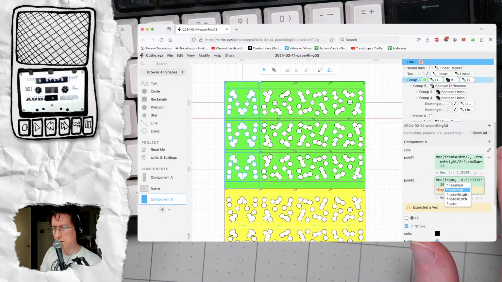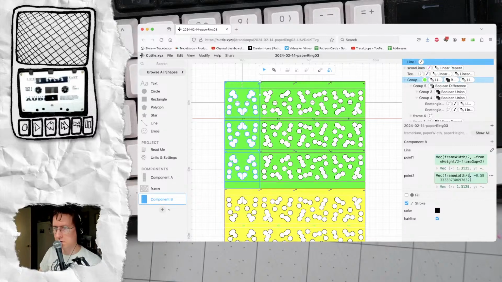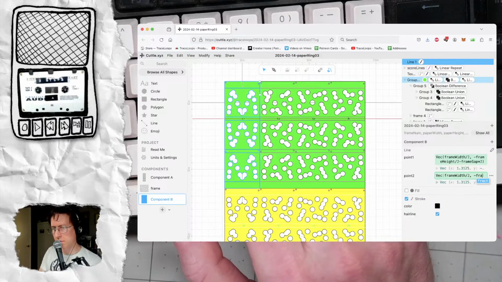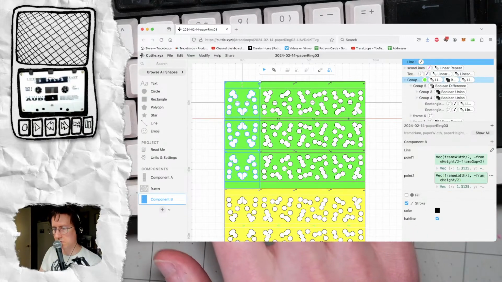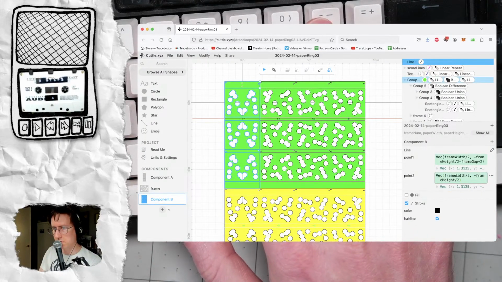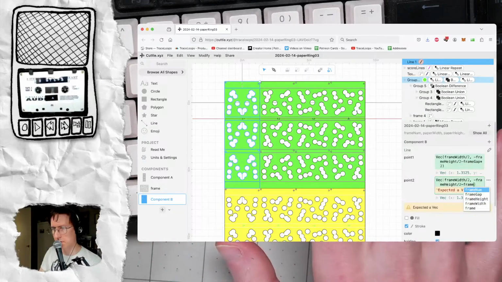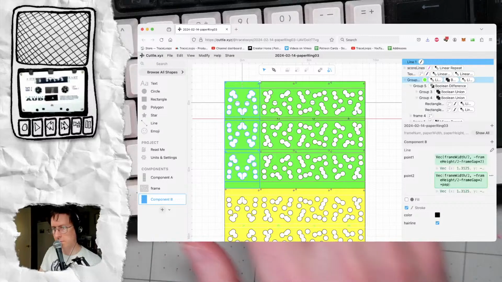Frame width divided by 2, negative frame height divided by 2 minus frame gap times 2 plus paper width.